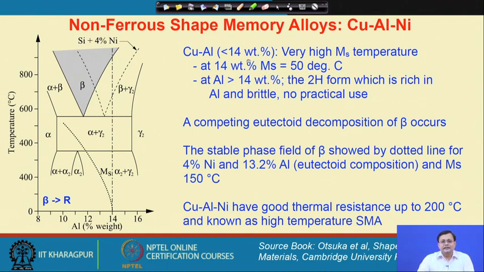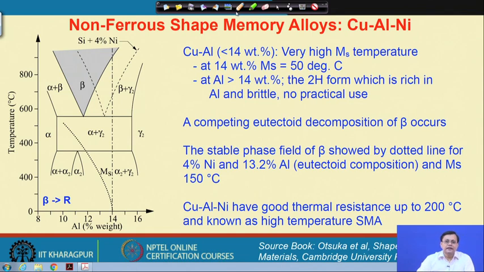Now, the second system that we are interested to talk about is the copper aluminum nickel system. Once again the phase that shows shape memory behavior is the beta phase. Here I show you a phase diagram with copper and aluminum.